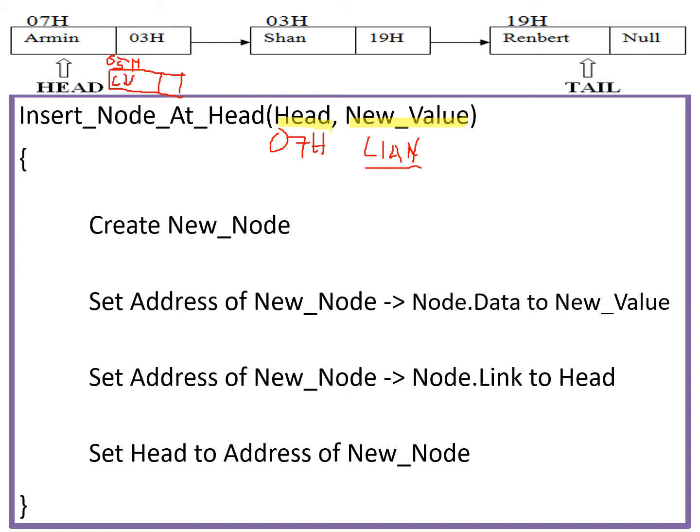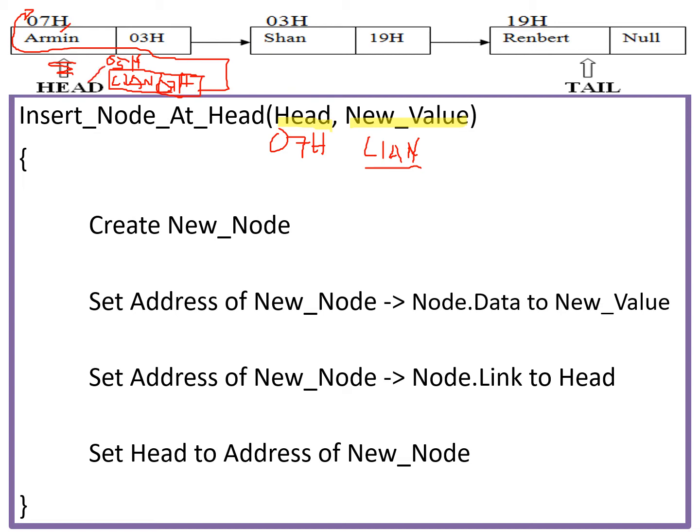Then we assign the node.link of the address of the new node to the address of the head, which is 07H, so that we could insert this node as the first element. So that now refers to 07H. Ganun siya kadali. And of course, instead of 07H as the head, hindi na siya magiging head, you're going to assign head as 05H.